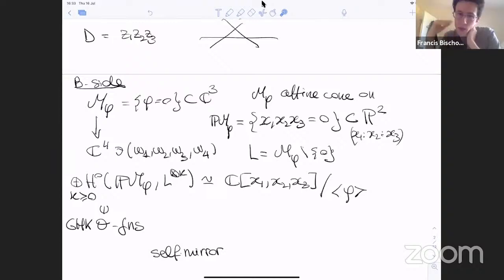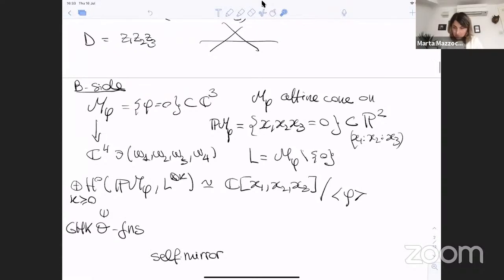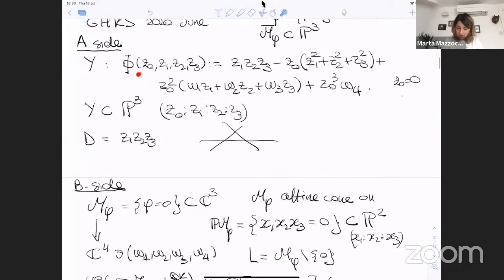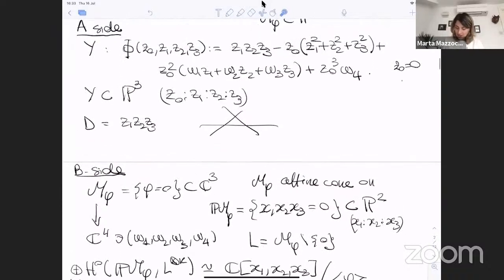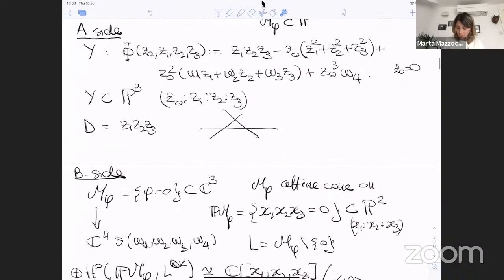Right, it's not the same as projectivizing phi. Is that right? No, because when I projectivize, I go up. I am doing projective completion. And here I am essentially destroying all the deformation that I've done.